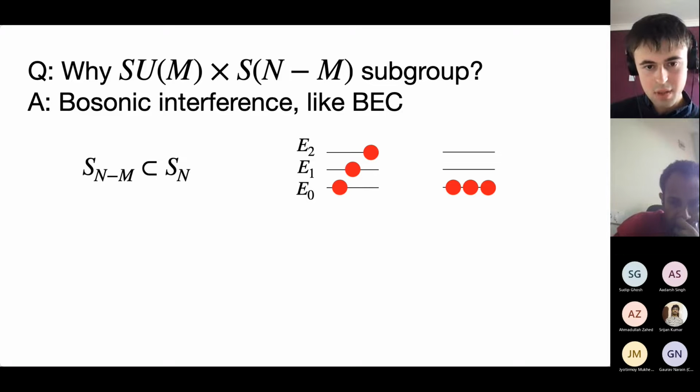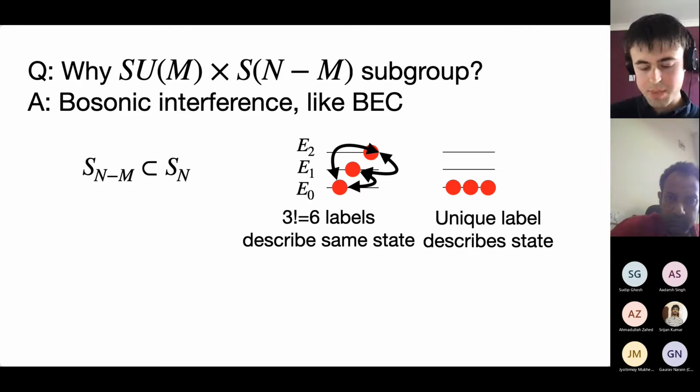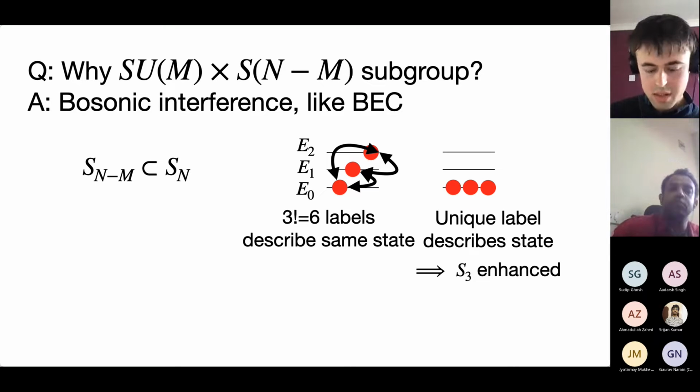We must correct for the overcounting, like this. So there are 6 labels which refer to the same state. But if particles are in the same energy level, then there's no such redundancy to account for, because the label describes the state already. And this means that there's a relative enhancement of the occupation of this state above others. So it's enhanced by having the S3 permutation symmetry in the gauge extended Hilbert space.